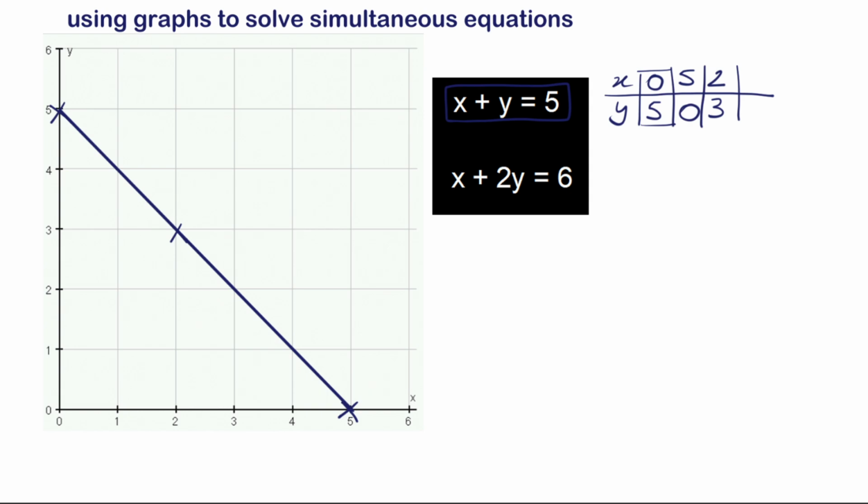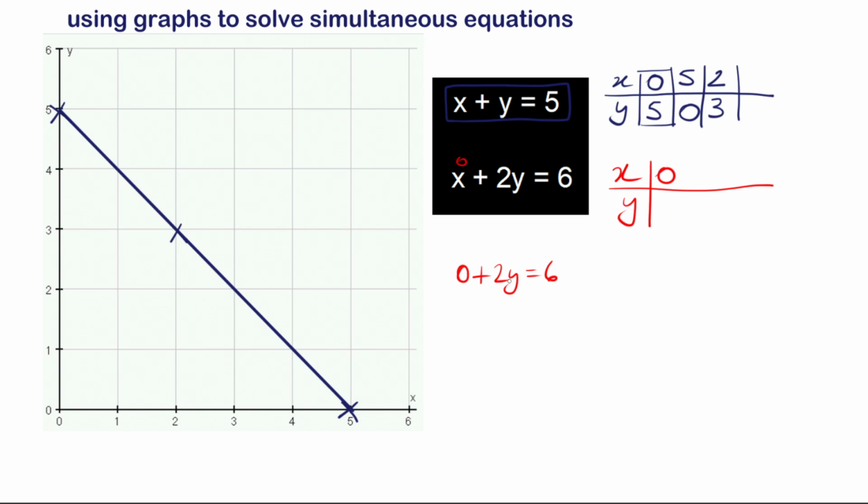Okay. Now let's do the same thing for the second equation. So we need x and y, and we're looking for points to put on the graph which are all solutions to this equation. So again, I'm going to make x 0. Now, if x is 0, what does y have to be? Well, can you see that if x is 0, 2y will have to be 6, because we've got 0 plus 2y has to be equal to 6.